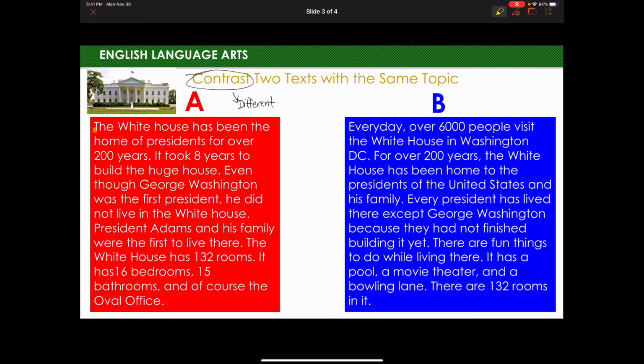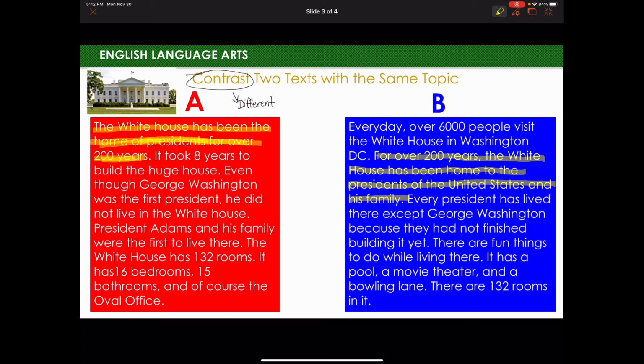They did that in both passages, so I'm going to highlight that. And they talked about how it was their home for over 200 years. Okay, so for over 200 years, the White House has been home to the presidents of the United States and his family. And the White House has been home to the presidents for over 200 years.